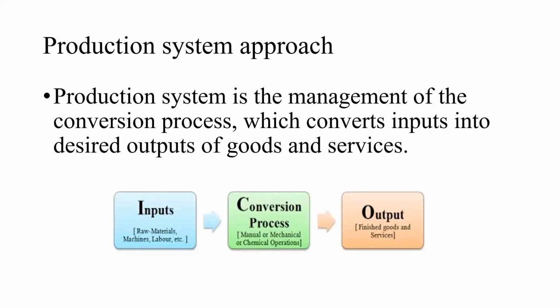In the production system, there are three main components: inputs, conversion process, and output.